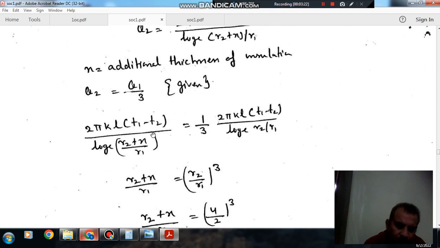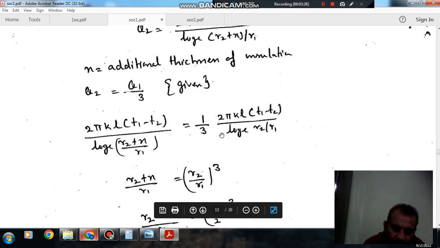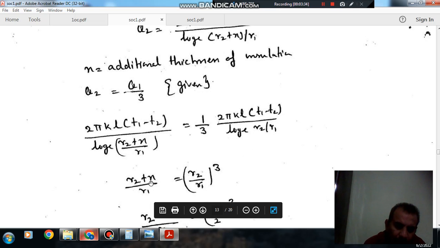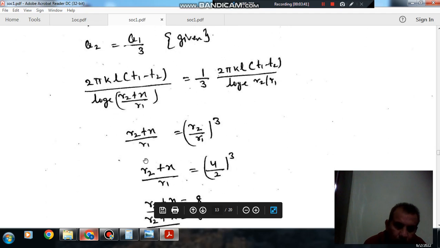So now this quantity will cancel out, and if we take this 3 here, it becomes ln of (R2 plus X) by R1 equals ln of (R2 by R1) cubed, so (R2 plus X) divided by R1 is equal to (R2 by R1) cubed.